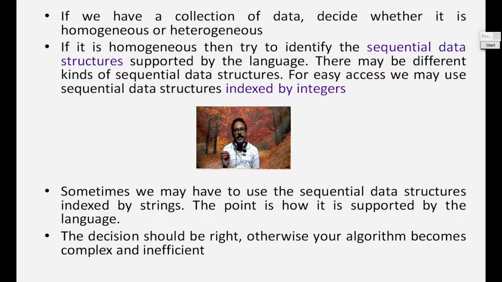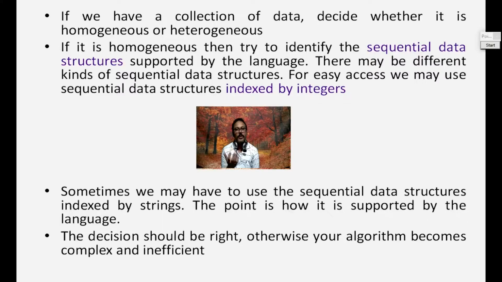For easy access, we may use sequential data structures indexed by integers. Whenever we have a homogeneous collection of data, you can have data structures which support indexing by integers, so that accessing them is easy. Sometimes we may not be in a position to access the data using integers.